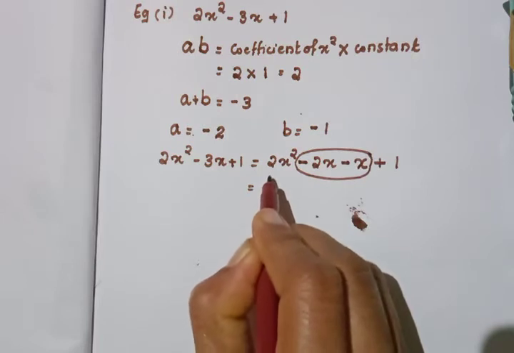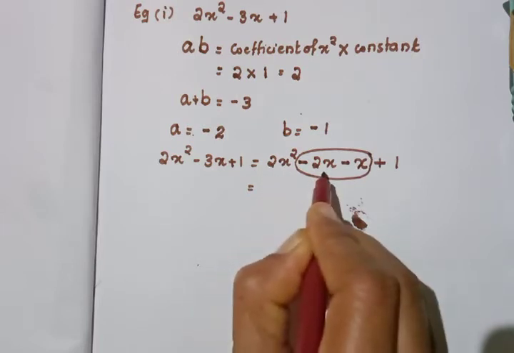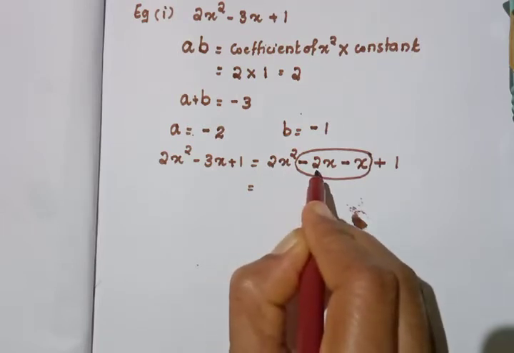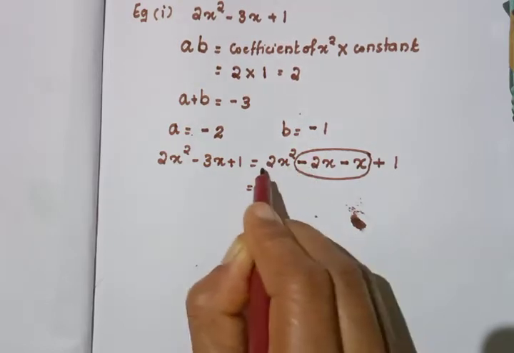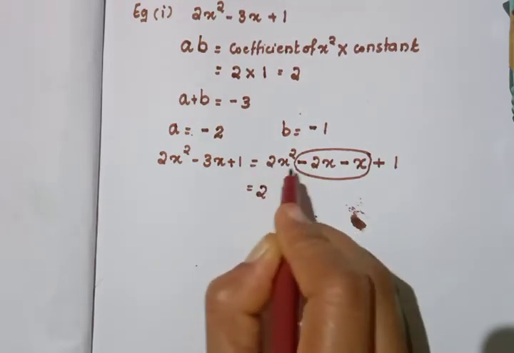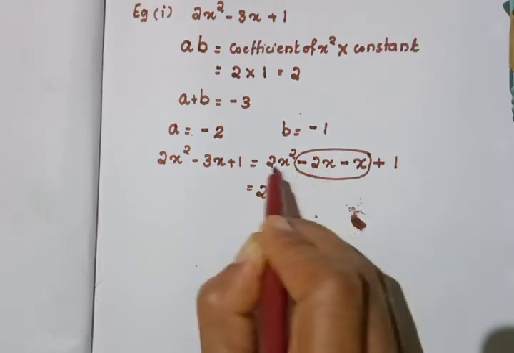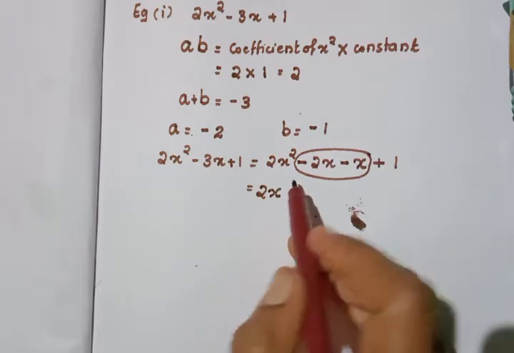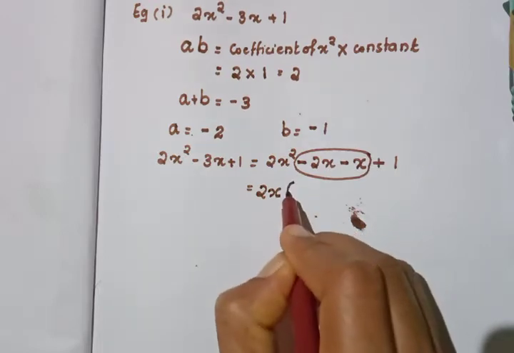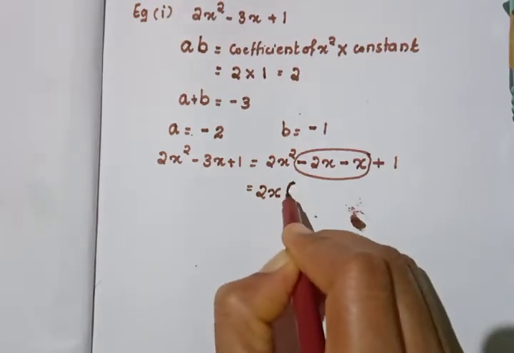Now from the first term and the second term, is there any common term? See the numbers. Yes, 2 is common. Now x square and x, is there any common factor? Yes, x power 1. Now draw the bracket.